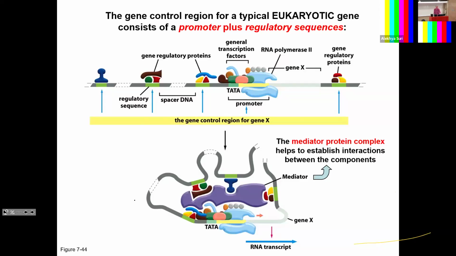There would be a general transcription factor. This is TFIID, for example. This is a general transcription factor complex, which binds right next to the RNA polymerase II.